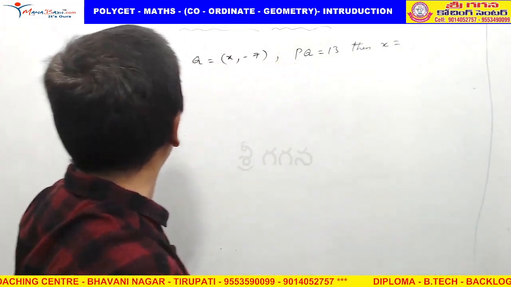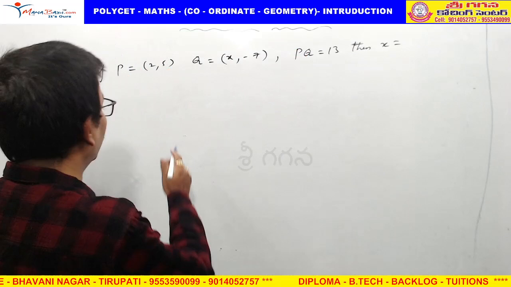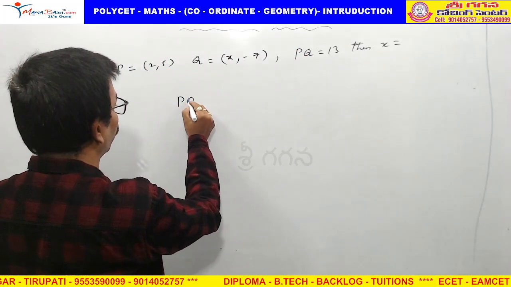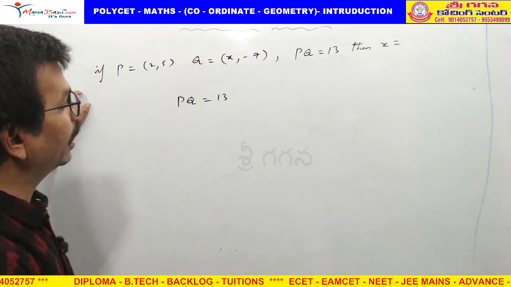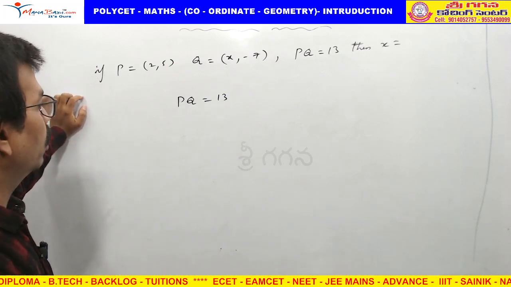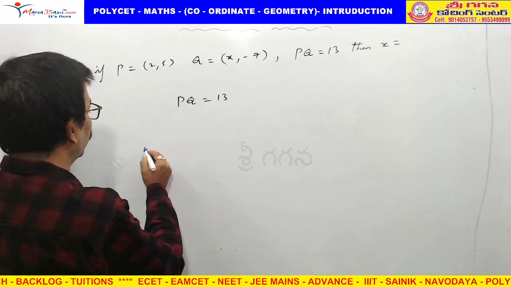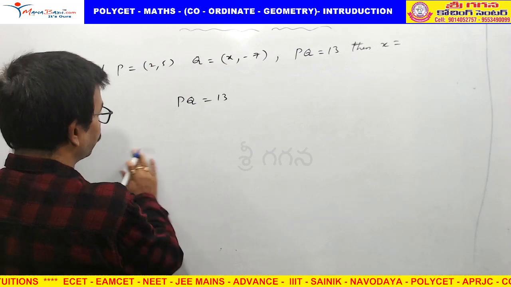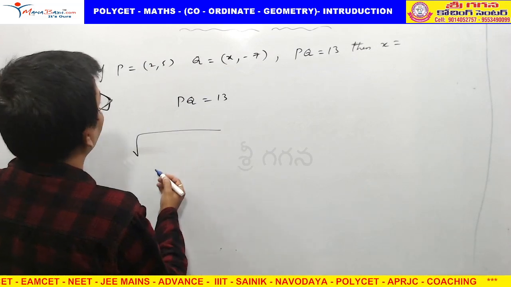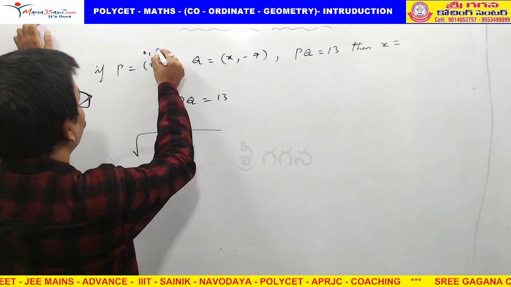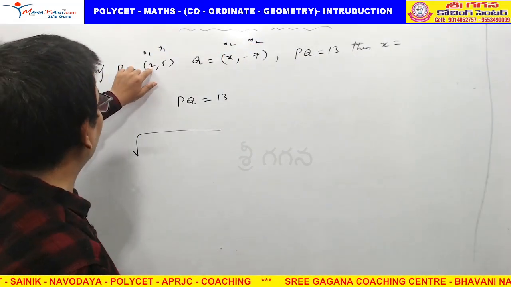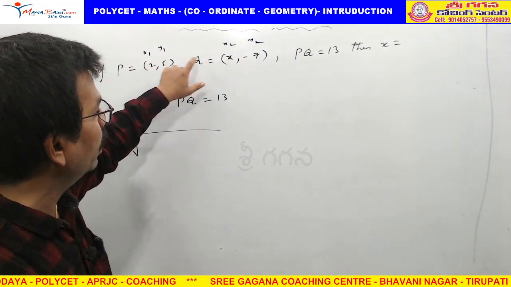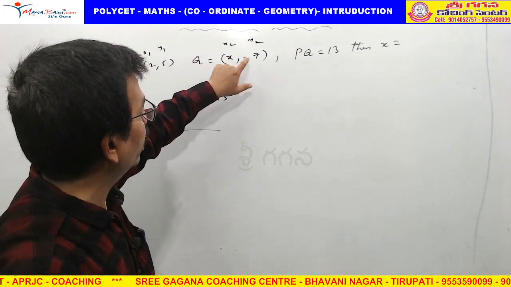So if you write PQ equal to 13, you can apply the distance formula directly. So already you know the distance formula. Then how to write: under root of x2 minus x1 whole squared, and so on. Always this is x1, this is y1, x2, y2. Always the first one is the x coordinate, the second one the y coordinate.